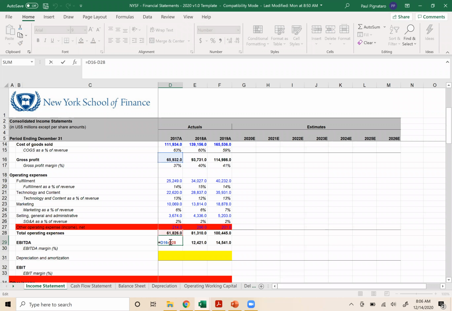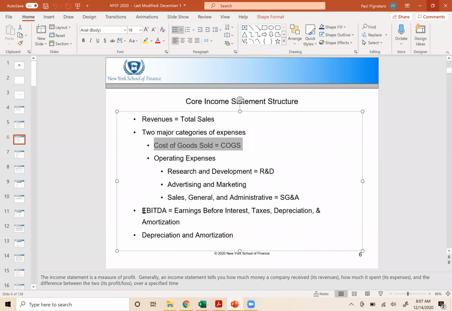Then we have EBITDA. EBITDA is technically gross profit minus OpEx, or earnings before interest, taxes, depreciation, and amortization. So this is the earnings before depreciation and amortization is removed, before interest is removed, and before taxes is removed.